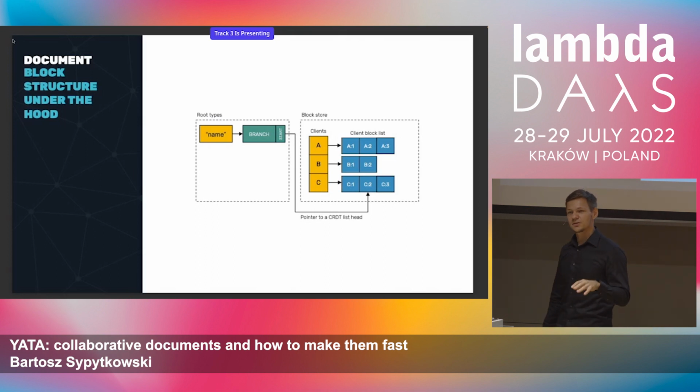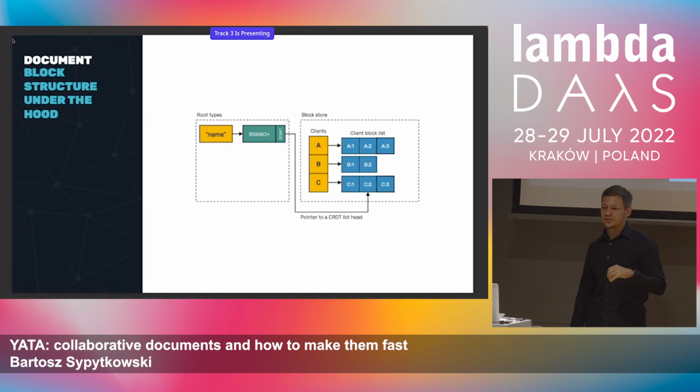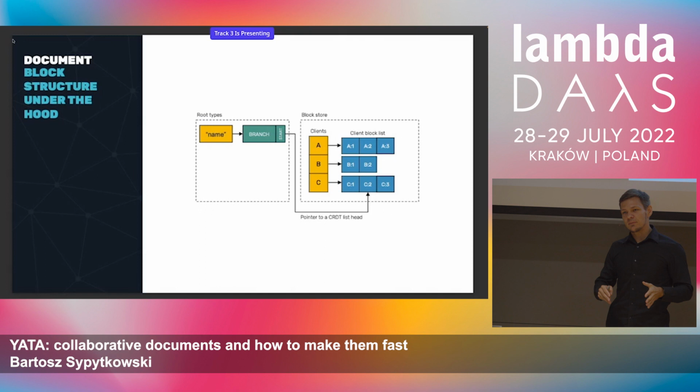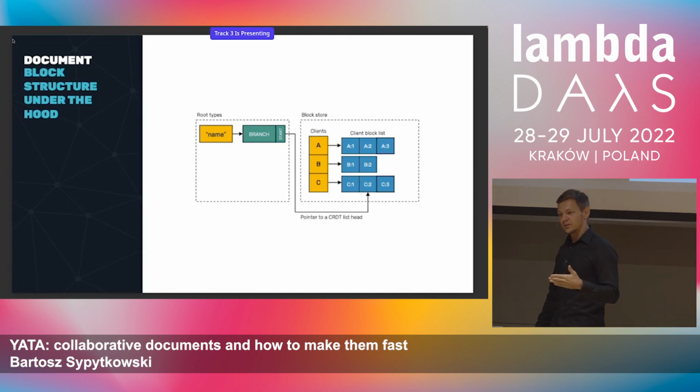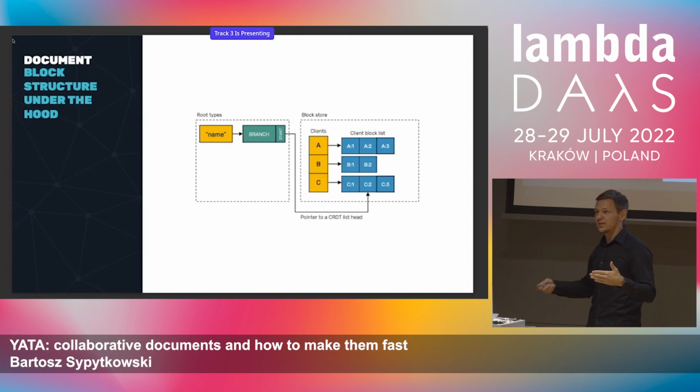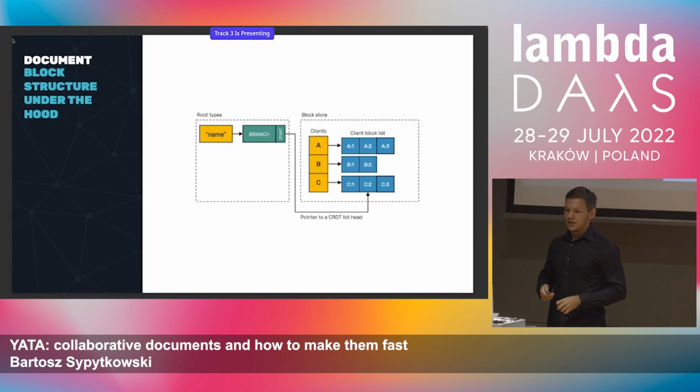What we have under the hood is what we are calling a block store, and a block store is basically a hash map of each peer ID that we ever got, whoever had written something to our document, and a list of operations submitted by this user, or by this agent, actually, because the same user can have multiple peer IDs.